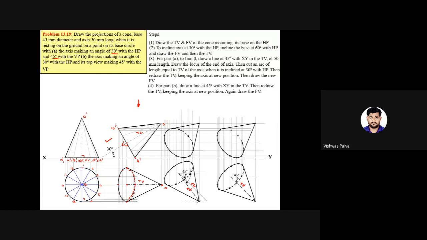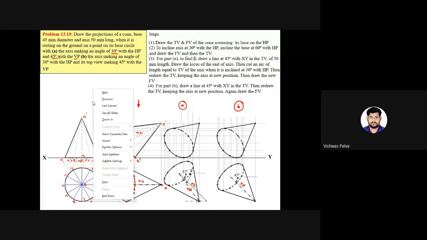So this will be stage 3, considering this is the B and this is the A condition. When we have to apply the A condition, when the axis is inclined 45 degree with VP, then we have to apply true length, and this will be the plan length. It is called the true length and plan length method.